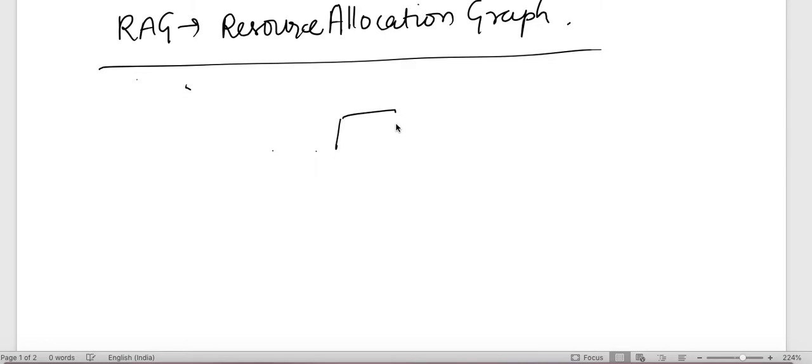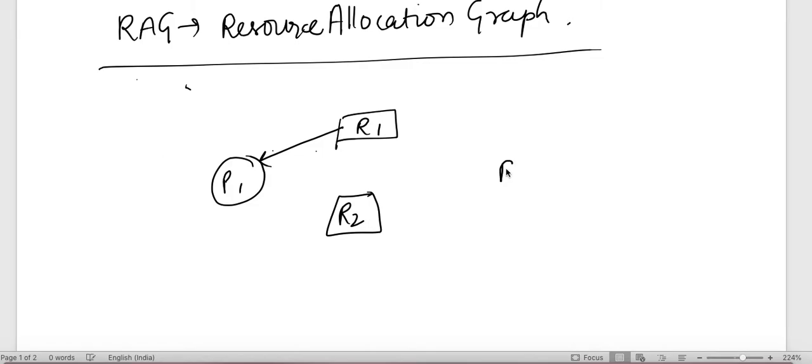Let's suppose it is given R1, and process P1 is allocated resource R1, and then there is resource R2 and process P2. So R1 is allocated to P1 and P2 is requesting R1.